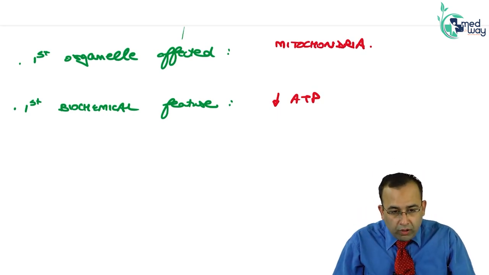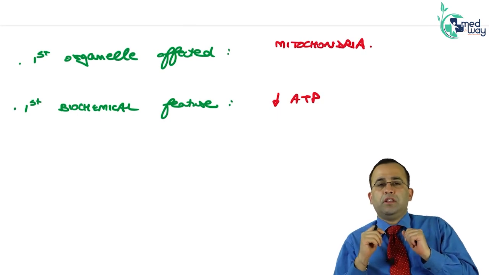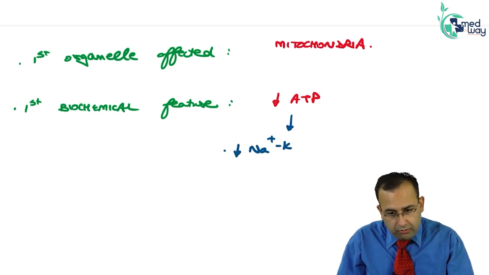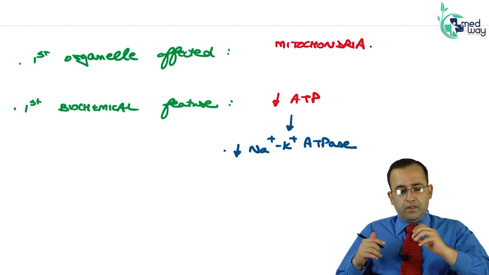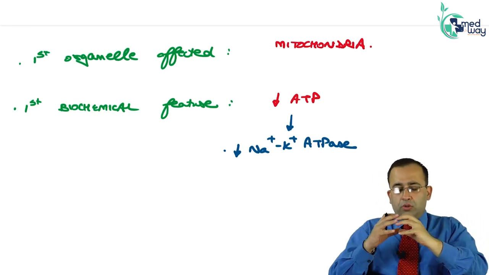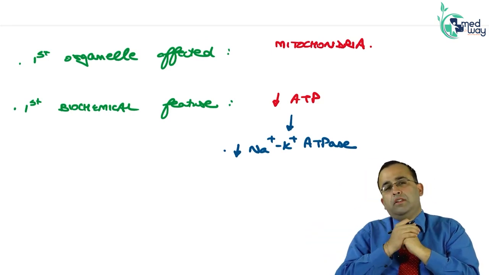Next point. What is the effect of reduced ATP? ठीक है, I fully agree that ATP starts reducing. Reduced ATP in turn reduces the action of the sodium-potassium ATPase pump. You know this from physiology. Where is sodium more, intracellularly or extracellularly?